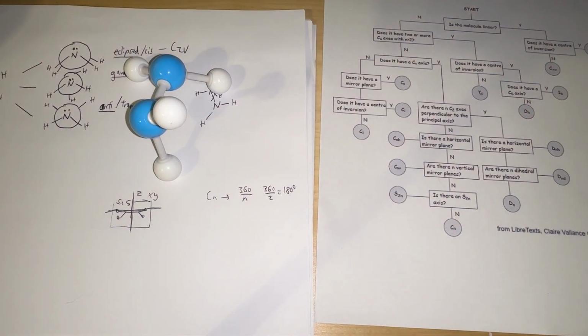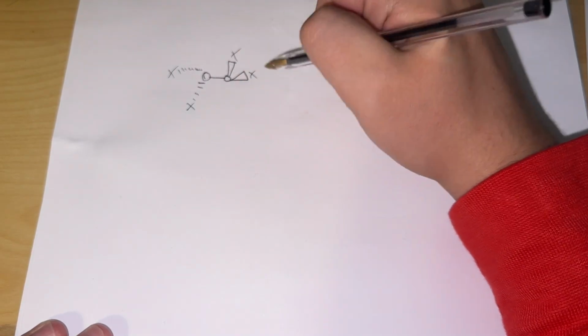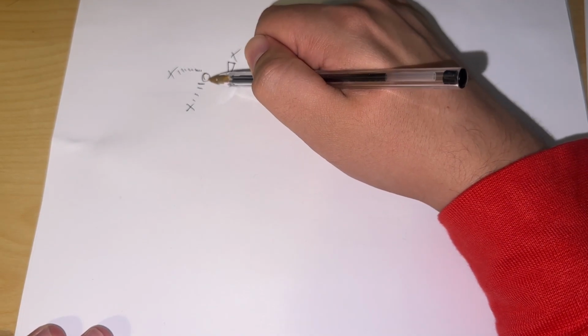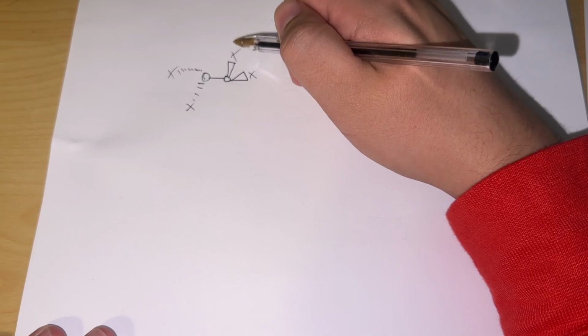So what is an S2n axis? This is an improper rotation axis. So what does the improper rotation axis look like? Let's take this system, which looks like trans-hydrazine, where we have two center atoms, and each center atom has two pendant or substituent atoms. On the left one, they're facing down, and on the right one, they're facing up.